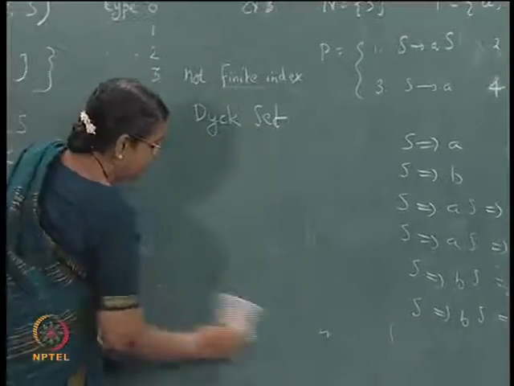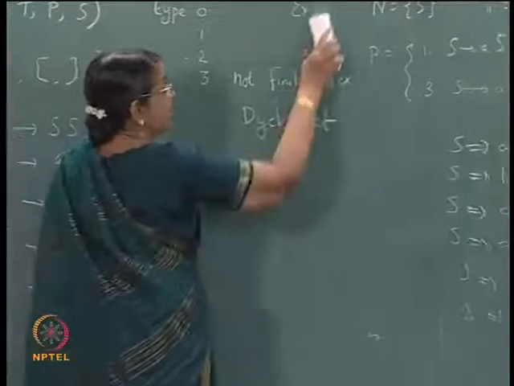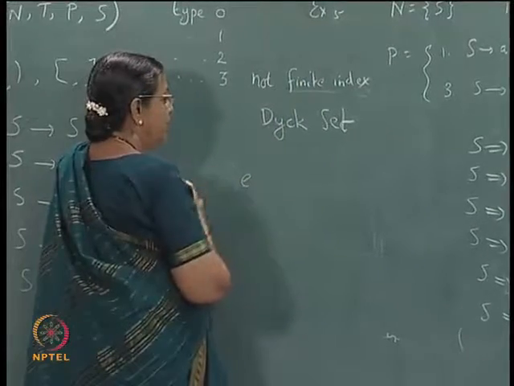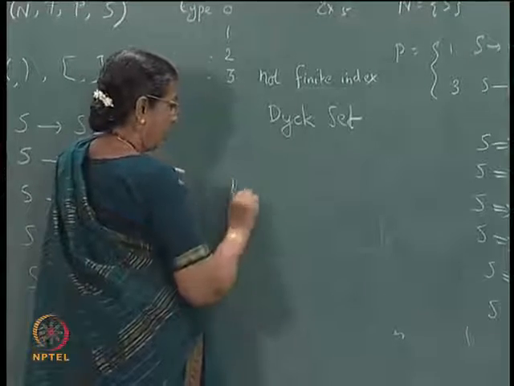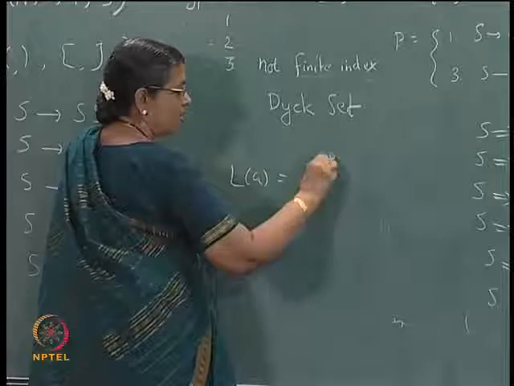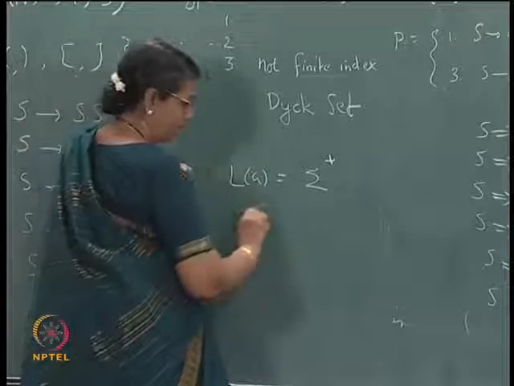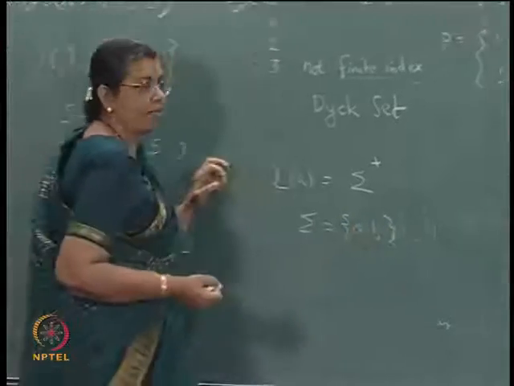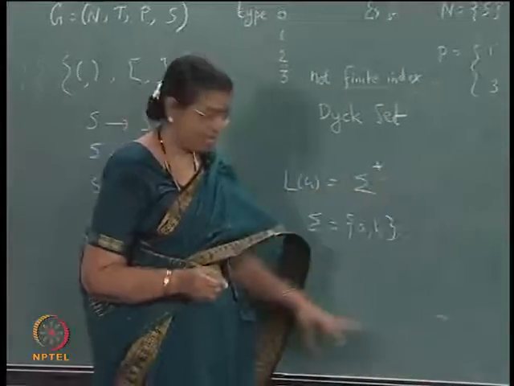So in this case, this is example 5. LG will be, sigma is AB, any string of A's, but epsilon cannot be generated by this.